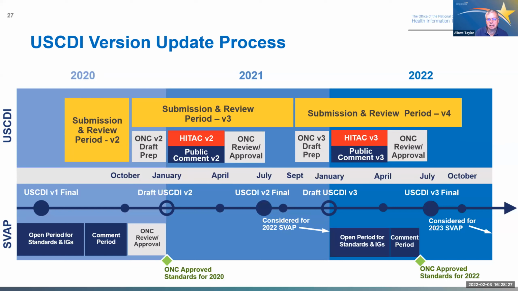And the standards that are part of the ISA go way beyond just the terminology standards that USCDI covers. They include process standards like exchange standards, security standards, privacy standards, and consent standards. These are well outside the realm of USCDI right now, but the ISA is able to capture them.